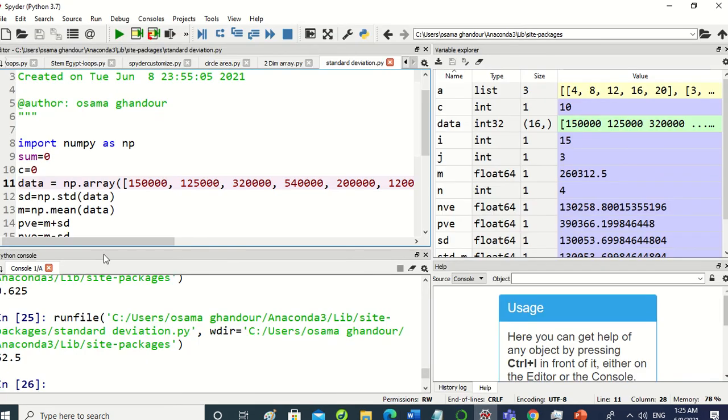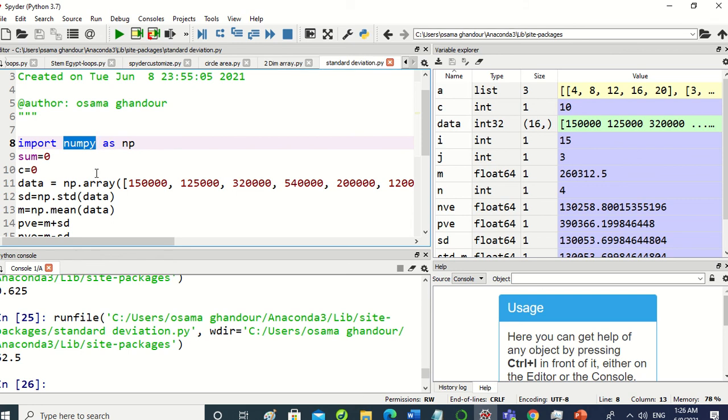So we just created a variable std equals np.std. std is a function in NumPy to calculate standard deviation instead of calculating all this equation of sigma.